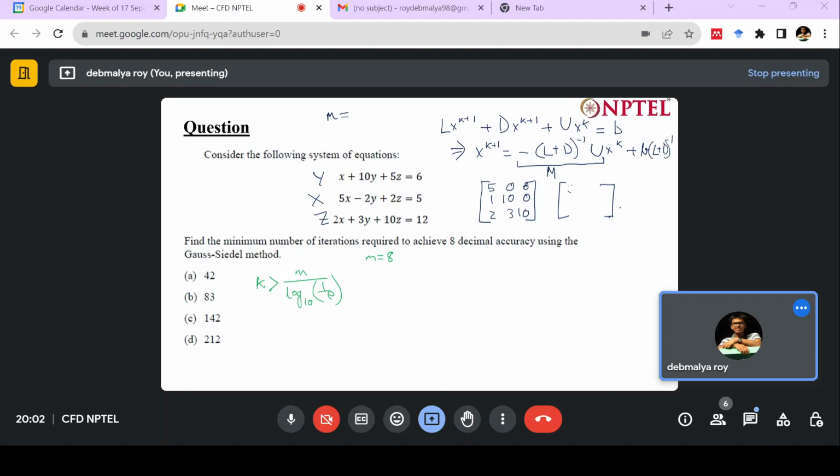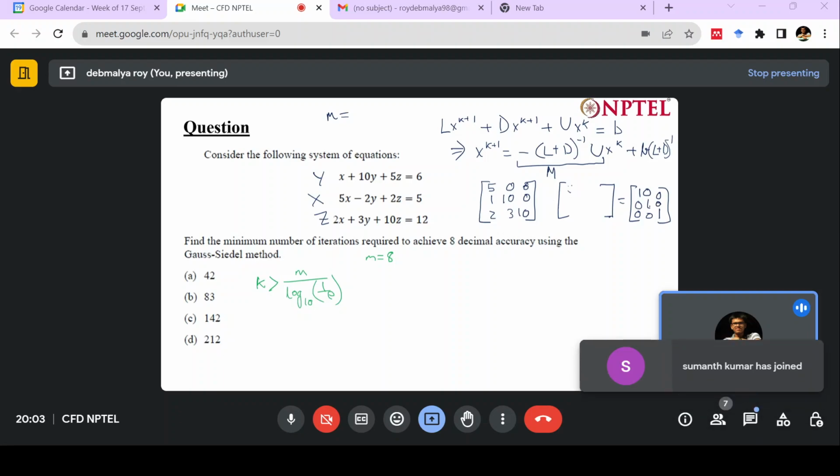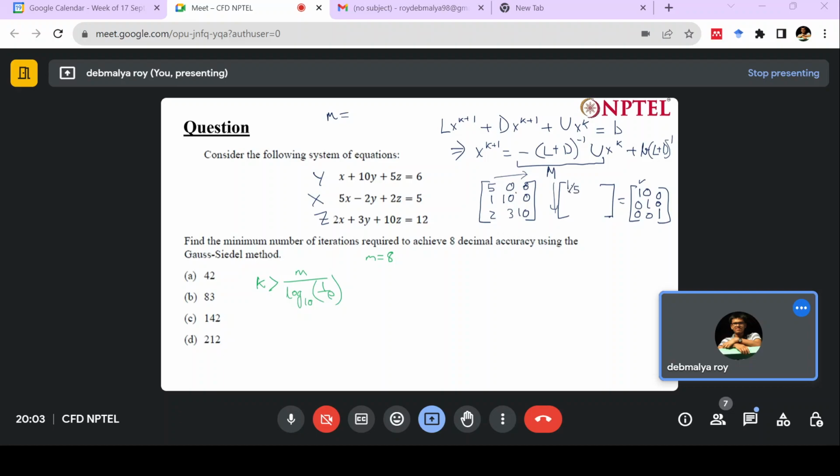So let's try to understand how we can find this very easily. So this is our aim. We multiply it with something which gives the identity matrix. So you can see this element is 1. So how do I multiply matrices like this, right? If I multiply this 5 with 1 by 5, then I will get this 1.